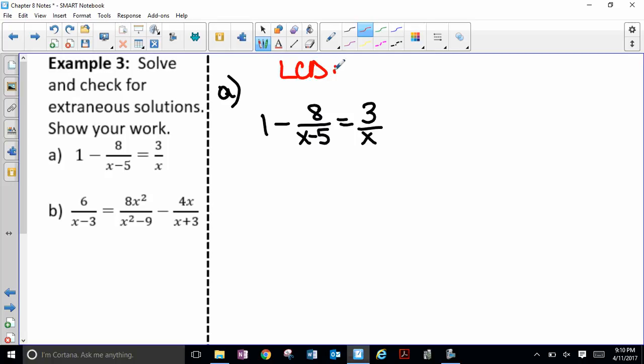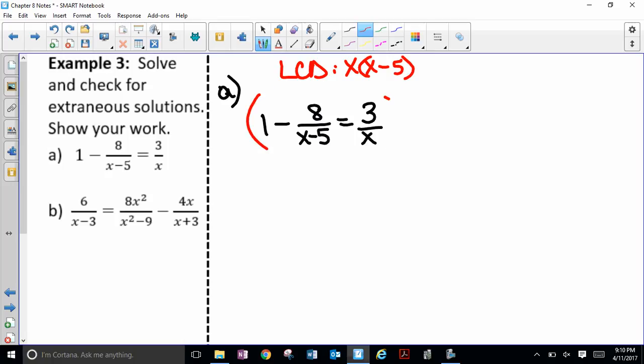So what do you think my LCD should be on this one? We have an x minus 5 in the denominator and an x in the denominator. It should be x times x minus 5.